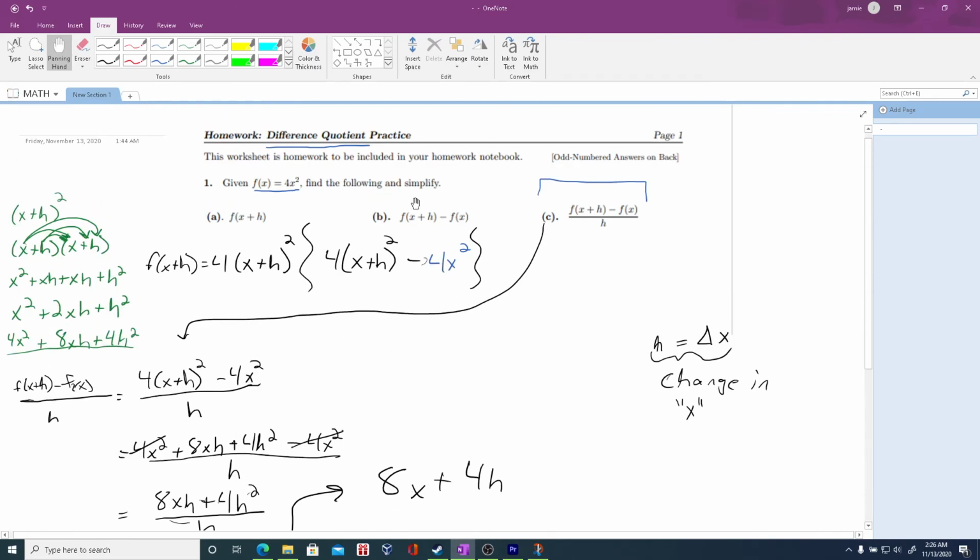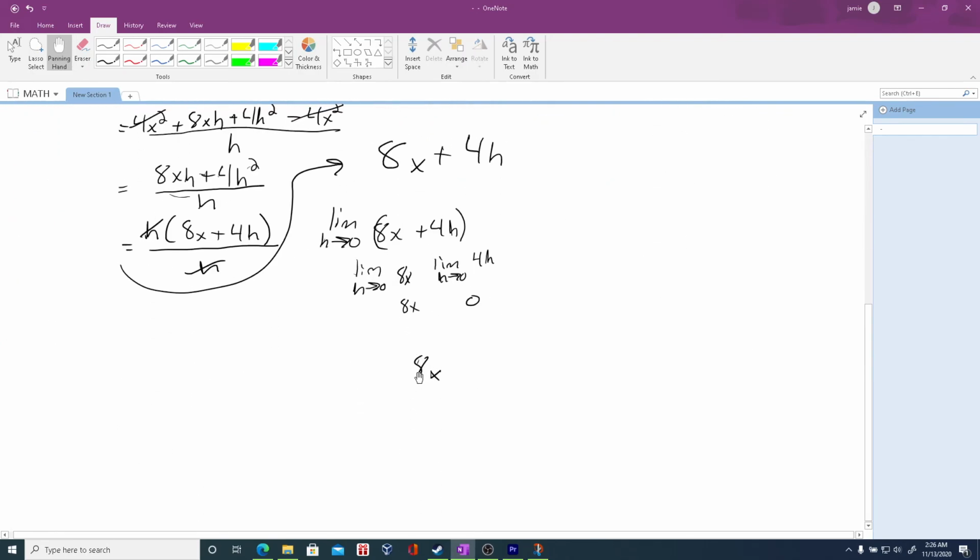So the derivative of 4x squared is 8x, and we could check that really quick with Leibniz notation. If we had f of x equals 4x squared, and we did d/dx of 4x squared, you would drop the 2 down, multiply it to the 4, and then subtract 1 from the 2.